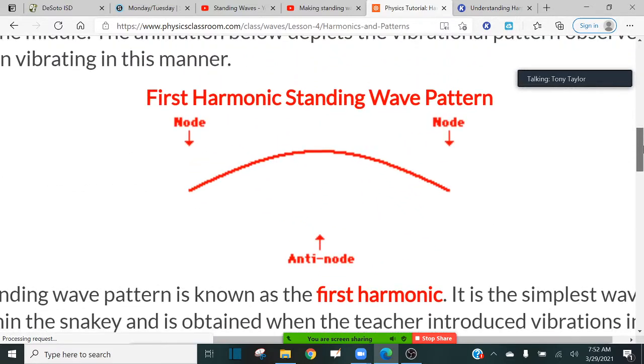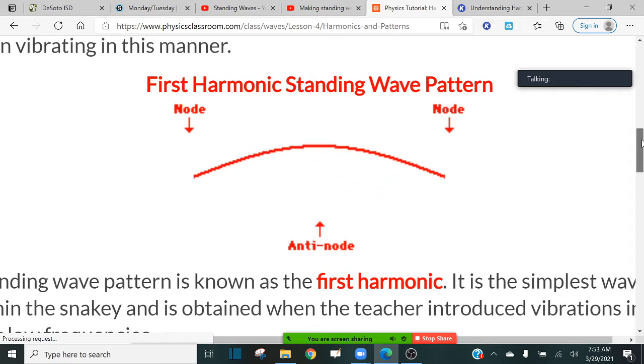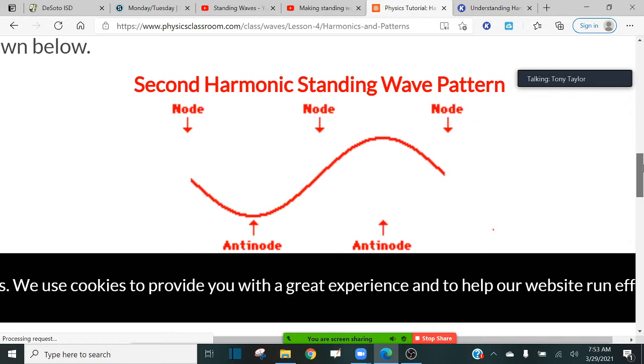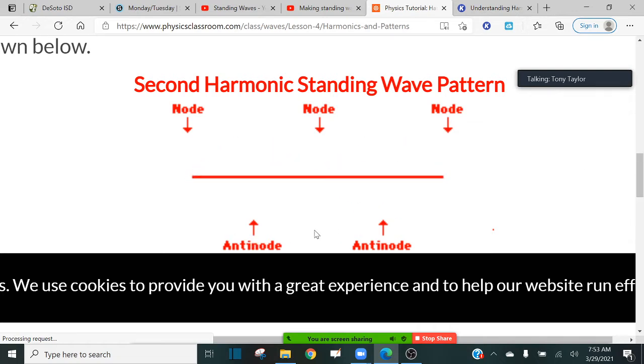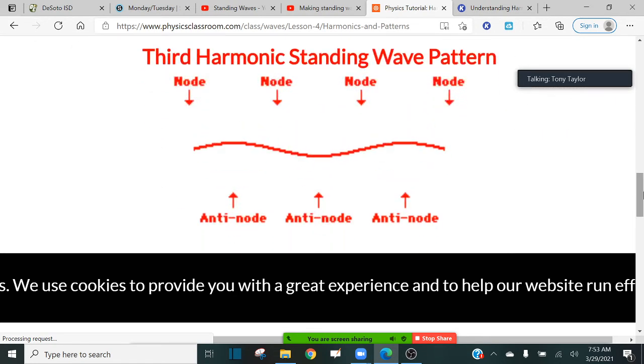For any wave that's vibrating at the first harmonic, it has one antinode. For the second harmonic, it has two antinodes, two areas of maximum displacement. Third harmonic has three antinodes, fourth harmonic, four antinodes, and so on.